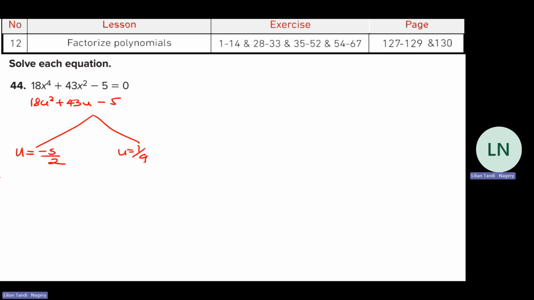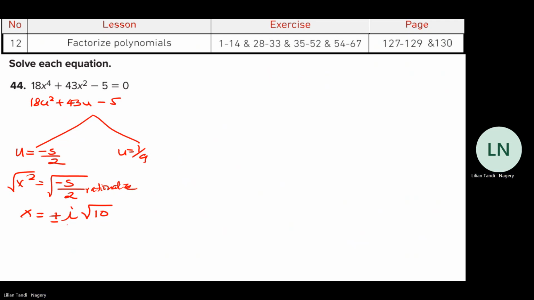So then you're going to say x squared equals negative 5/2. Square root, x equals plus or minus i, and remember to rationalize your denominator, over 2.